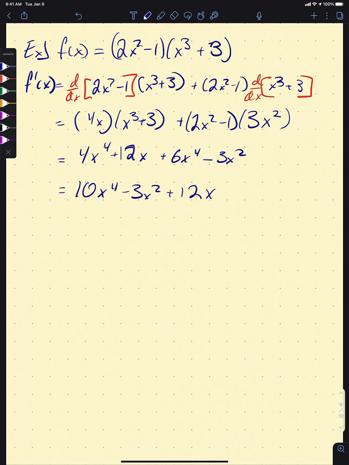Okay, let's take a look at one more of these. Let's say g(x) is x cubed times the square root of x plus 1.